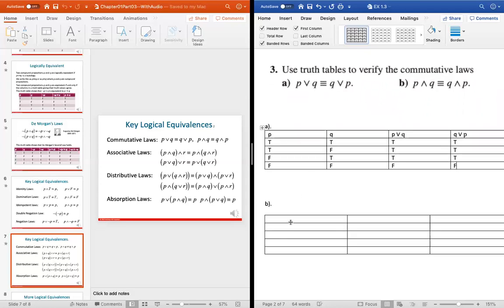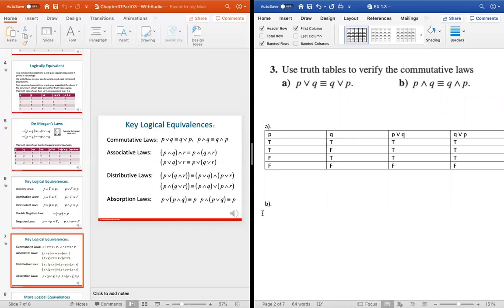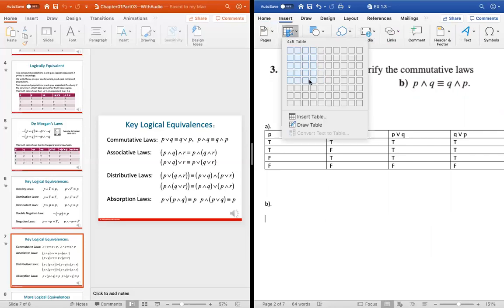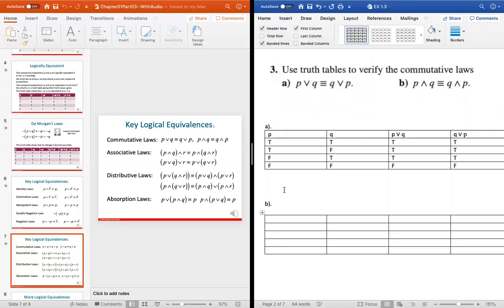Okay, so let's do this one as well. So here, okay, we have P, and then we have Q, we have P and Q, we have Q and P. Okay.